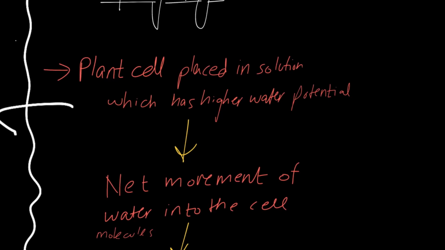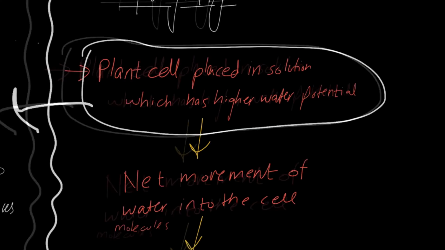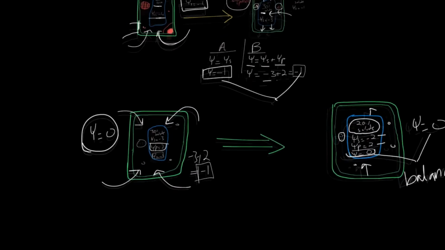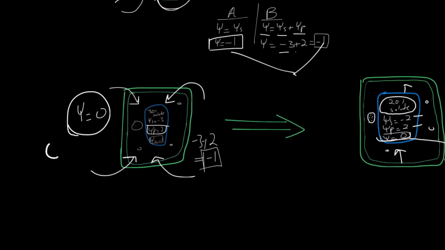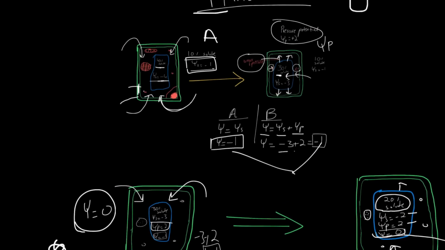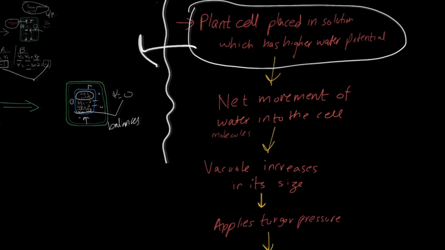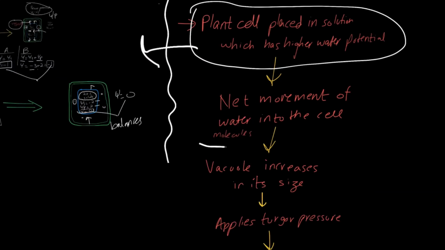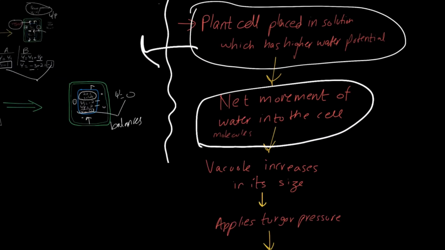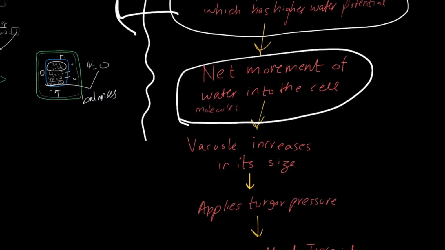So a plant cell is placed in a solution which has higher water potential compared to the inside, and that's what we saw everywhere. There is more water potential outside right here compared to the vacuole. As a result, the net movement of water molecules into the cell takes place, which we can relate to.